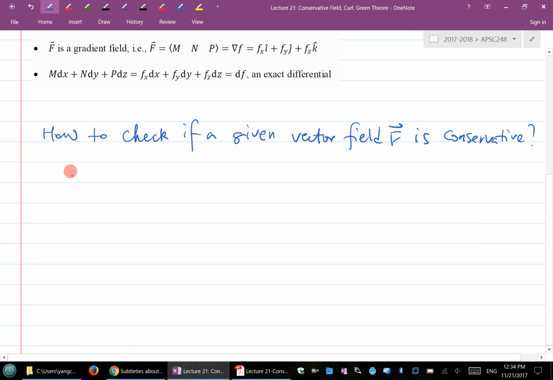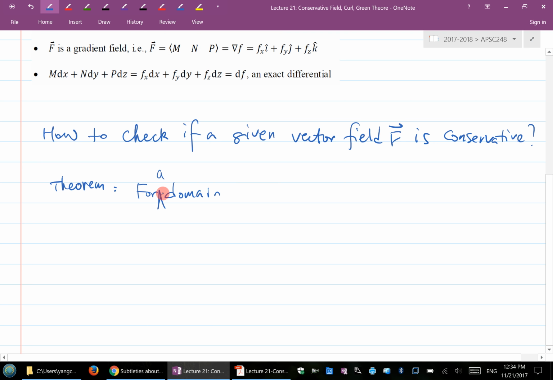So I'll write down the theorem here, and we'll go from here. First, for some preamble: basic conditions for a domain.